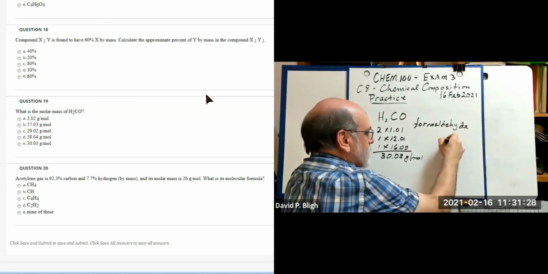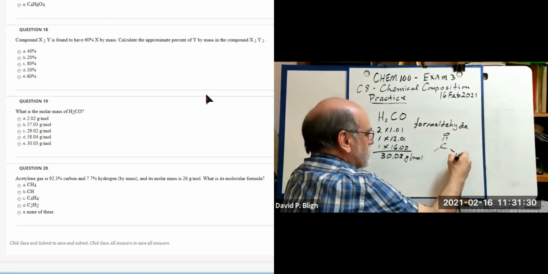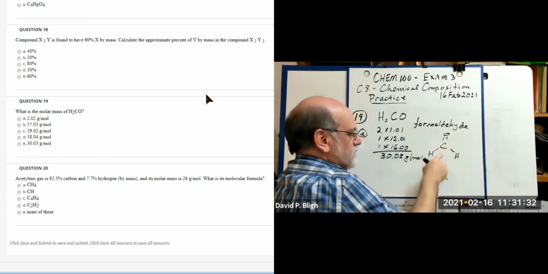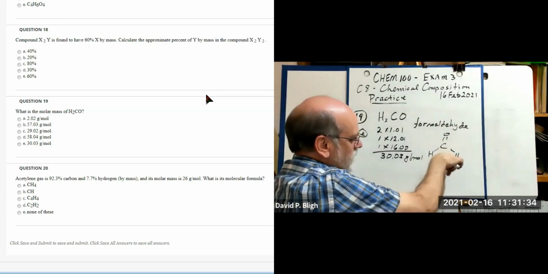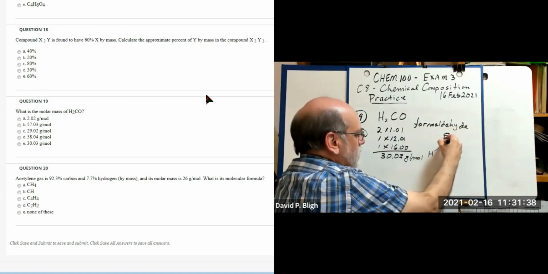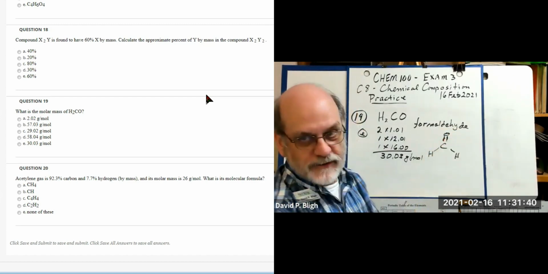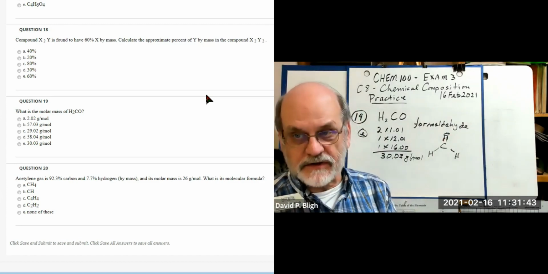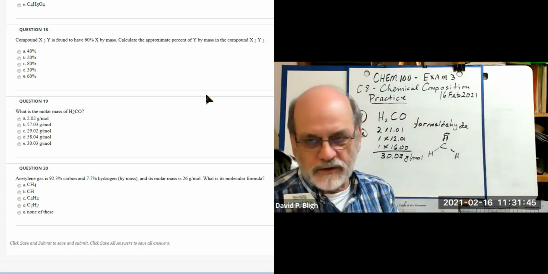And it looks like this. 2 hydrogens off of that carbon, and 1 oxygen with a double bond. That's formaldehyde. It's the simplest aldehyde of all the groups.